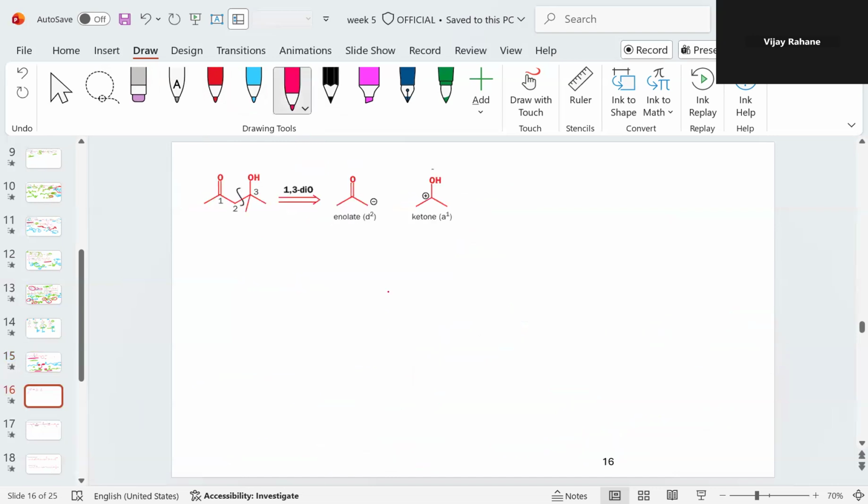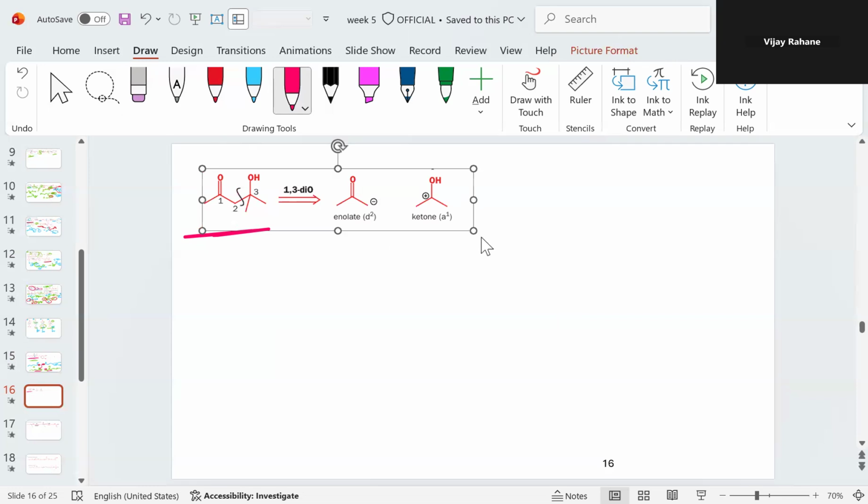Further, this is the second example. Now, if you look here, the retrosynthesis will be on this molecule. I'll just zoom on this molecule.